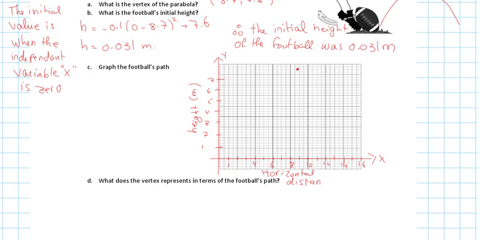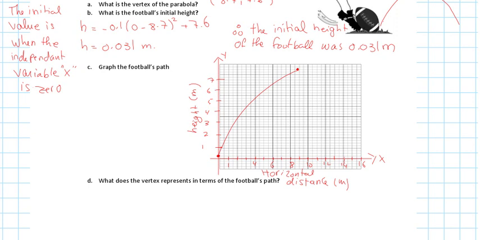Okay. My initial point is at 0.031, so that's very, very close to 0. Okay. Now, I have only one part of my quadratic. Okay. I need to find my other part, the other section.